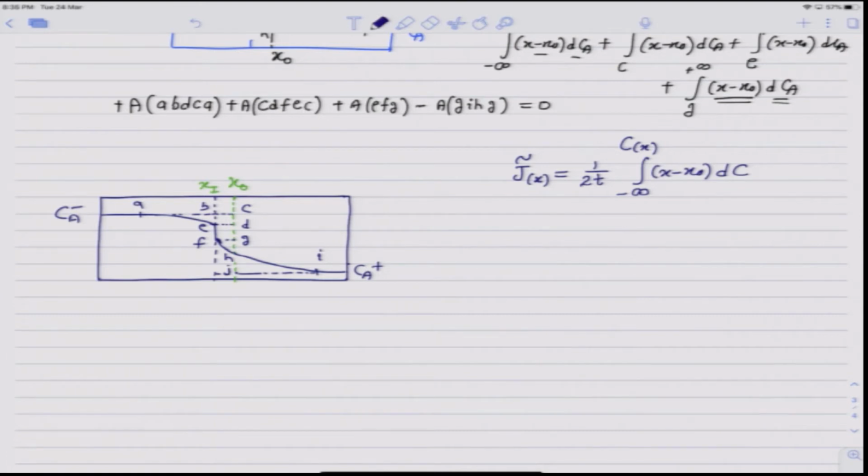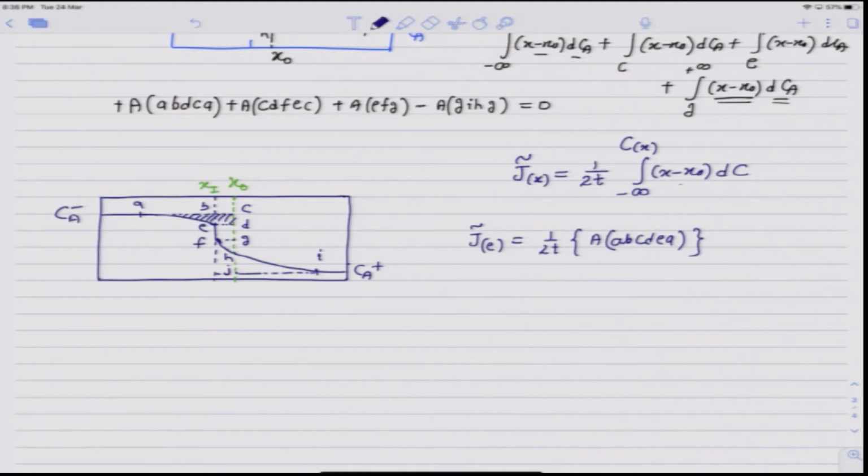If you want to find out the interdiffusion flux at point E, that is on the alpha side of the interface, we know it will be basically 1 over 2t times this area A, B, C, D, E. So, J tilde at E would be 1 over 2t times area A, B, C, D, E, and the component is moving from left to right here. So, the diffusion flux will be positive, which is also clear from the signs here.